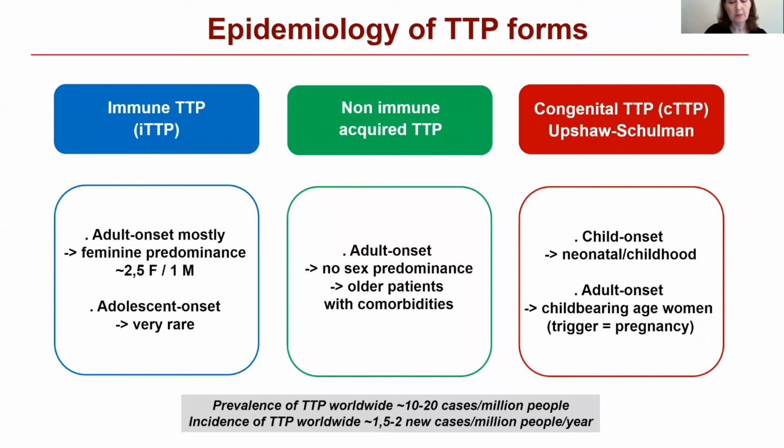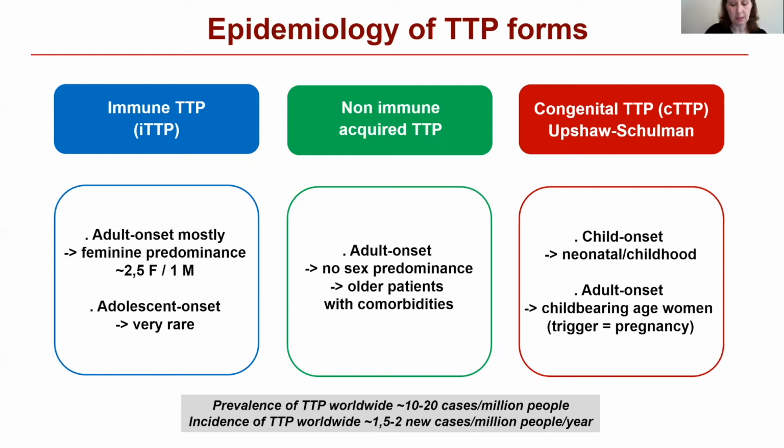In terms of epidemiology, TTP is a rare disease with a prevalence worldwide of 10 to 20 cases per million people and an annual incidence of about 2 new cases per million people. Interestingly, as a function of the mechanism of ADAMTS13 severe deficiency, the epidemiology of TTP is different.